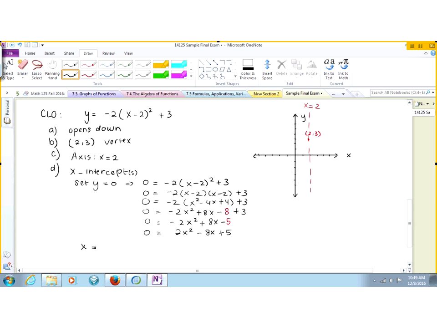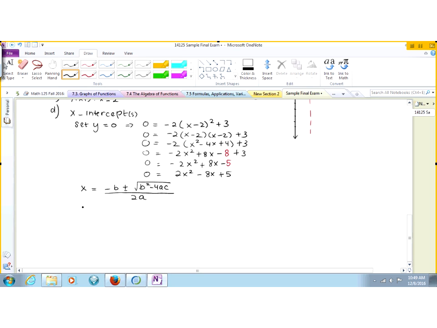Okay, so x is -b plus or minus square root of b squared minus 4ac all over 2a. Okay. So x is -b. What is -b? 8 plus or minus square root of 64 minus 4 times 2 times 5 all over 2 times 2. Yes.